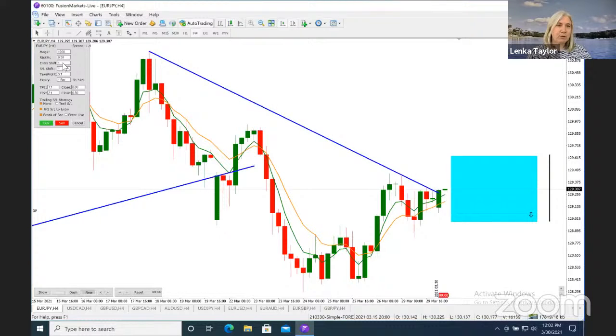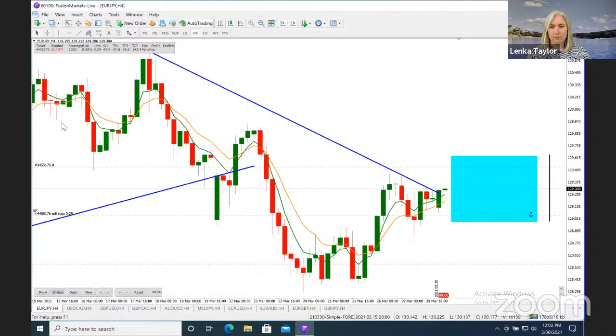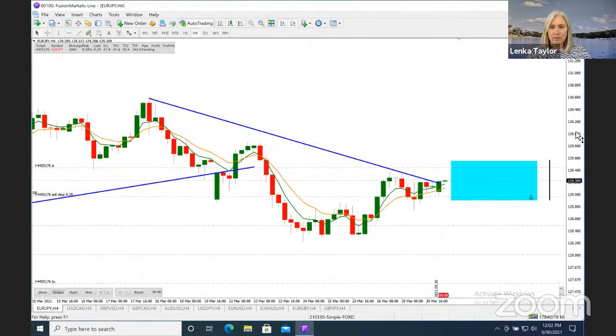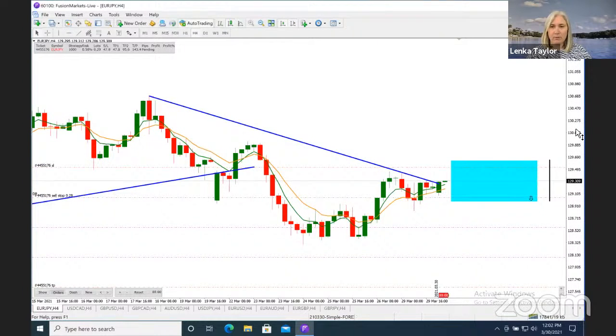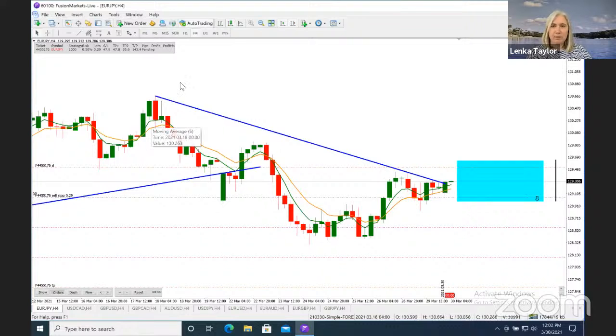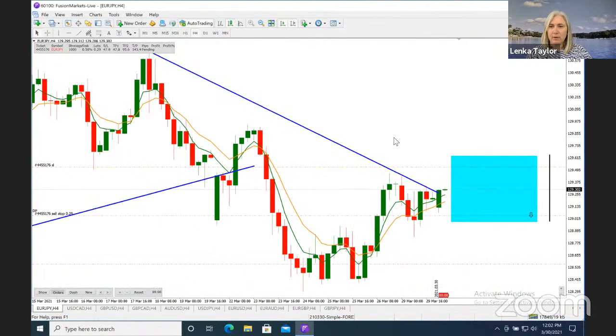Okay, so we'll shift 1 for entry, shift 9 for the stop loss, and we're looking for a short. So I'm going to set that like so. Okie doke. So this is my trade setup for today as a pending order, and I will add those in there.